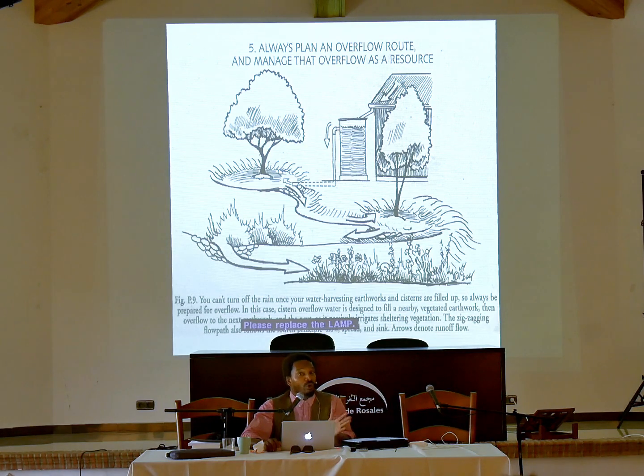But for the most part, it worked. Those are the kinds of things that, when you see what happens when you're prepared, and what happens when you're not prepared, it imprints on your mind the importance of planning for overflow.